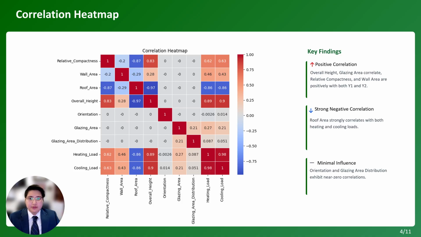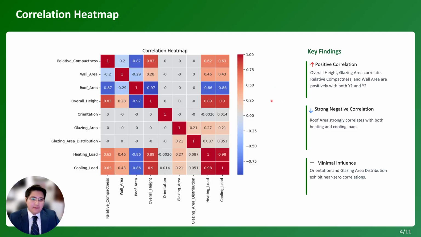So this is going to be our correlation heat map, where we have some strong positive and negative correlations and a minimal correlation, which means no influence in our models. From this we can see that the overall height has the strongest positive correlation, followed by the relative compactness, with our target variables, the heating and cooling load. Then we also have a slightly positive correlation for the wall area.